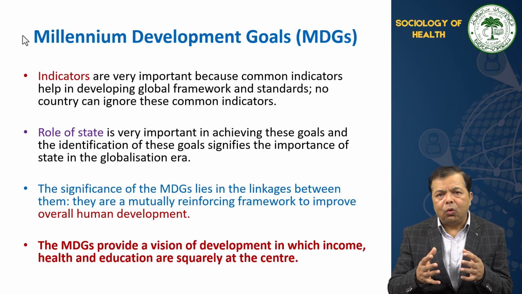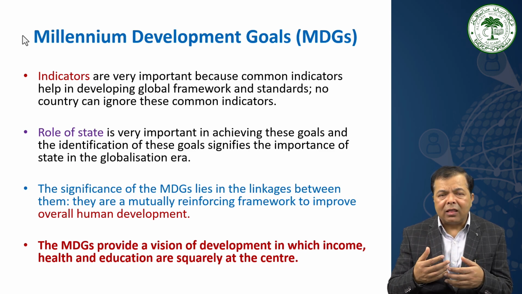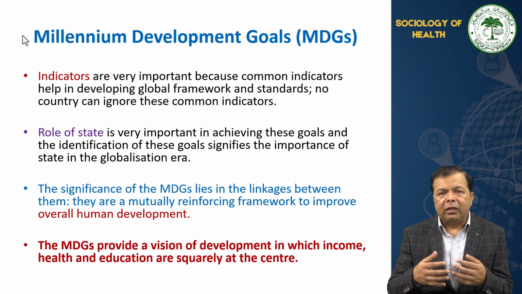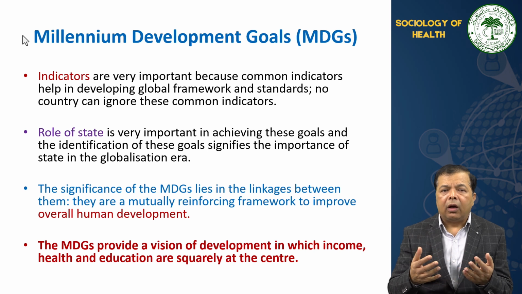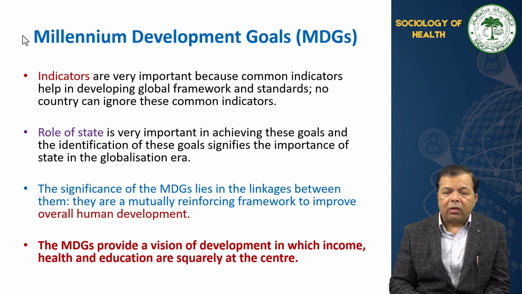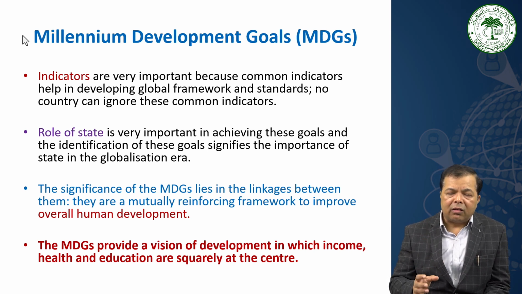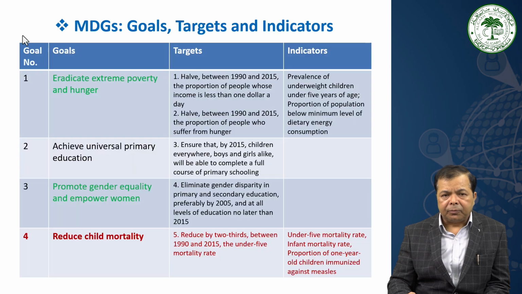If you want to achieve development at a comprehensive level, then we need to understand the multidimensionality of development, something that we talked about in the previous lecture also. And this set of 8 goals basically helps us to understand the multidimensionality.